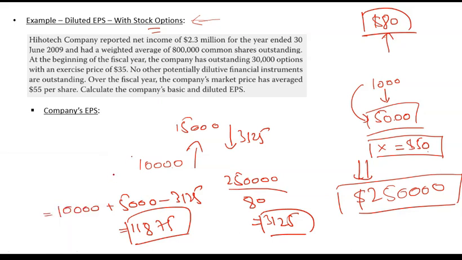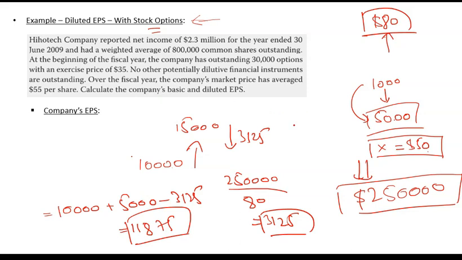Any confusion in this? Sorry? Achha, so the company has given the option to the employee to buy the company's shares. When employees exercise those options, the company's number of shares will increase, right? Because new shares will be issued to those employees. So far clear?